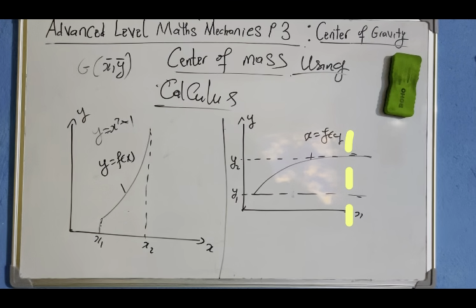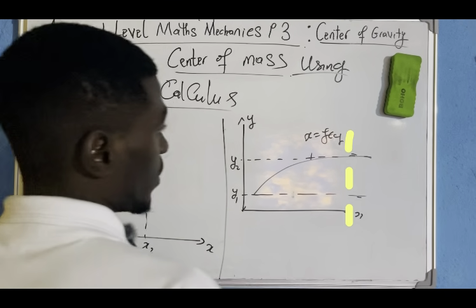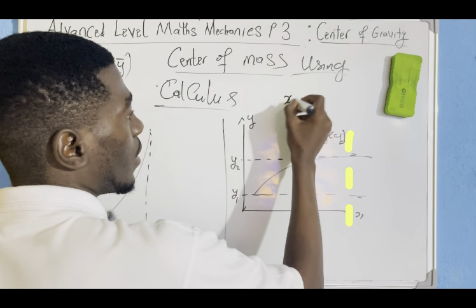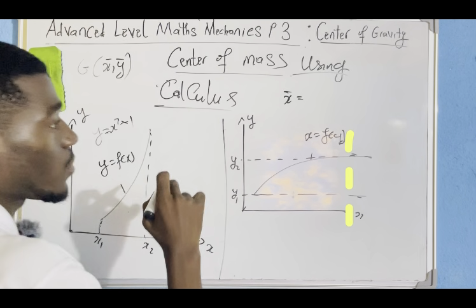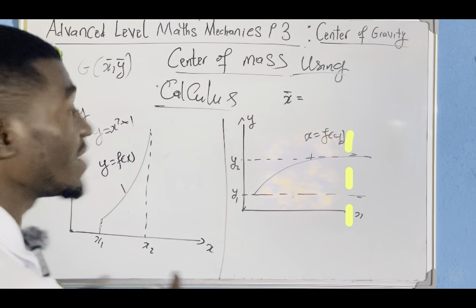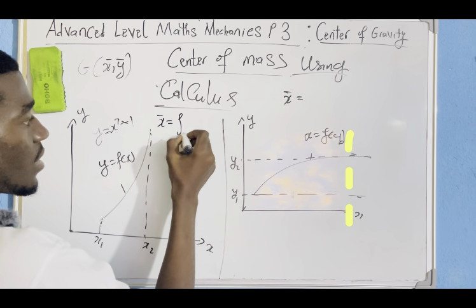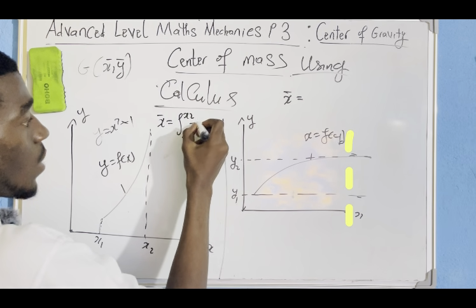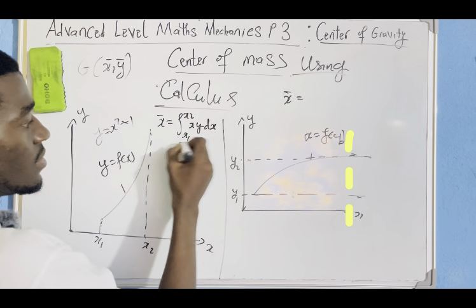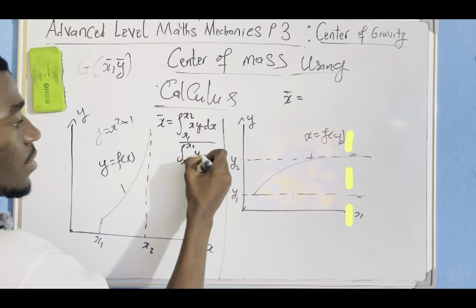Remember that we find x bar here: x bar was the integral from x1 to x2 of xy dx, divided by the area, which was the integral from x1 to x2 of y dx.